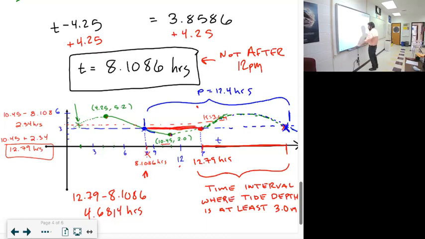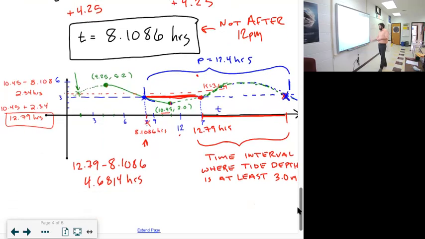We need to remove this part from the period. The period is 12.4 hours, and when I remove that, I'll get the interval of time that I need. So I'm going to take 12.4 hours and subtract the value we just got, 4.6814 hours. That gives me about 7.7186 hours.